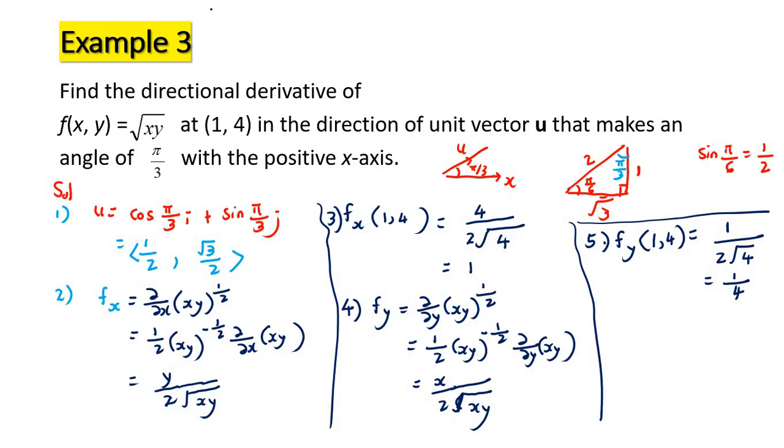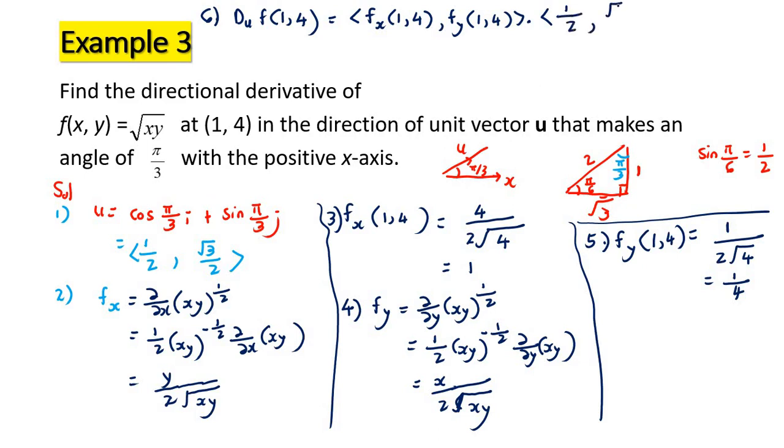And then the sixth step, the directional derivative Du at the point (1, 4) will be fx at (1, 4) i plus fy at (1, 4) j, dotted with the unit vector, in this case 1 over 2 i plus root 3 over 2 j.